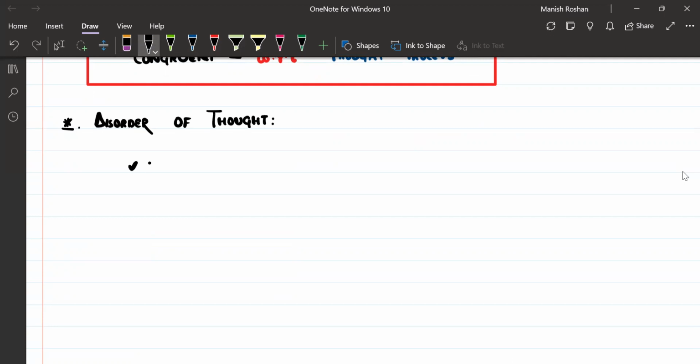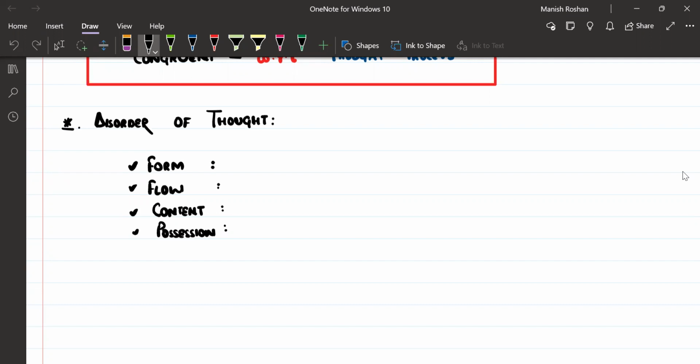In this, the various subheadings are form, flow, content, and possession. Accordingly, one can put various formal thought disorders, various types of psychopathology, in these four headings.